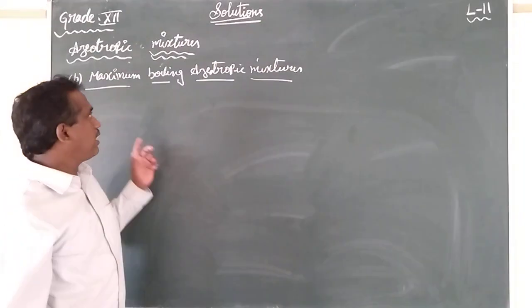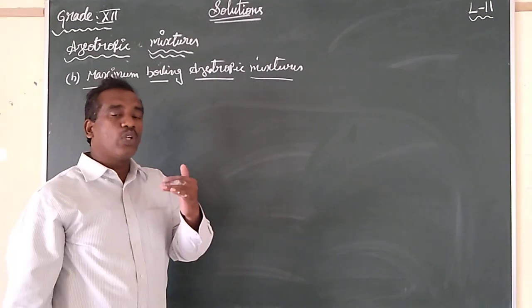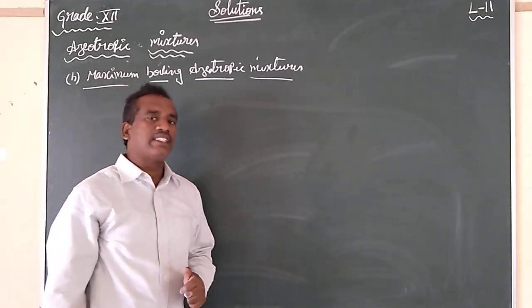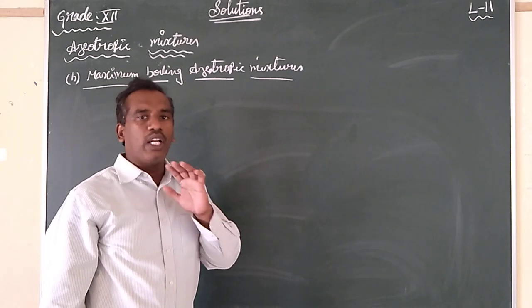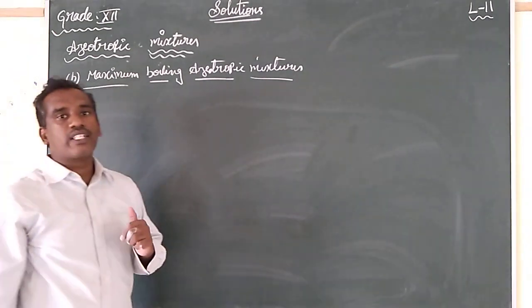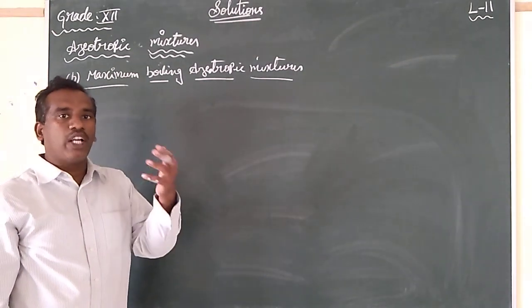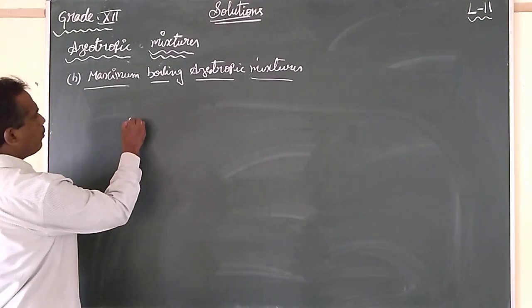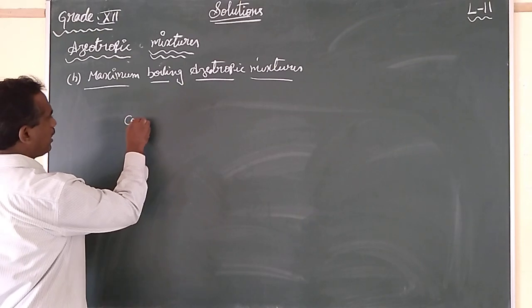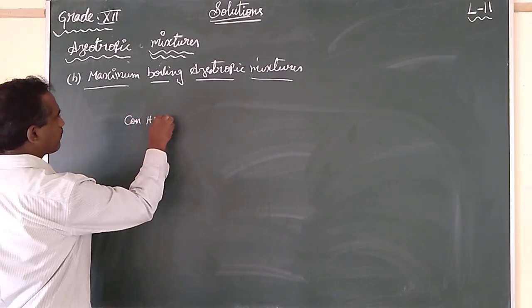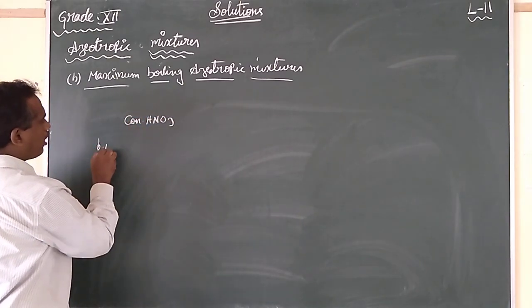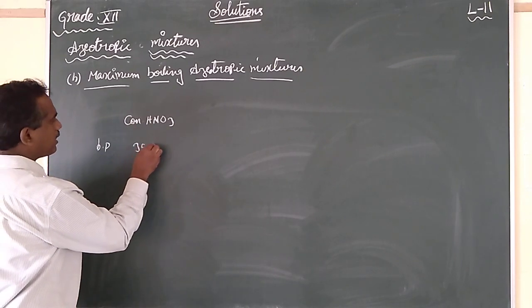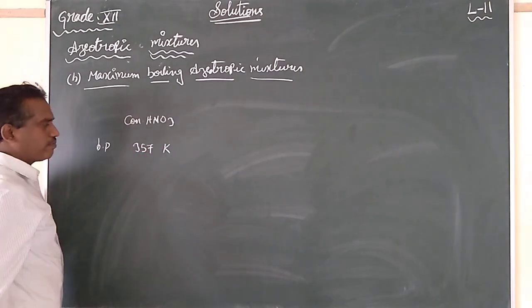Let us see the second type of azeotropic mixtures. What is the first type I discussed now? Minimum boiling azeotropic mixtures. Now we are going to discuss maximum boiling azeotropic mixtures. We know generally nitric acid. The boiling point of nitric acid is 357 Kelvin.